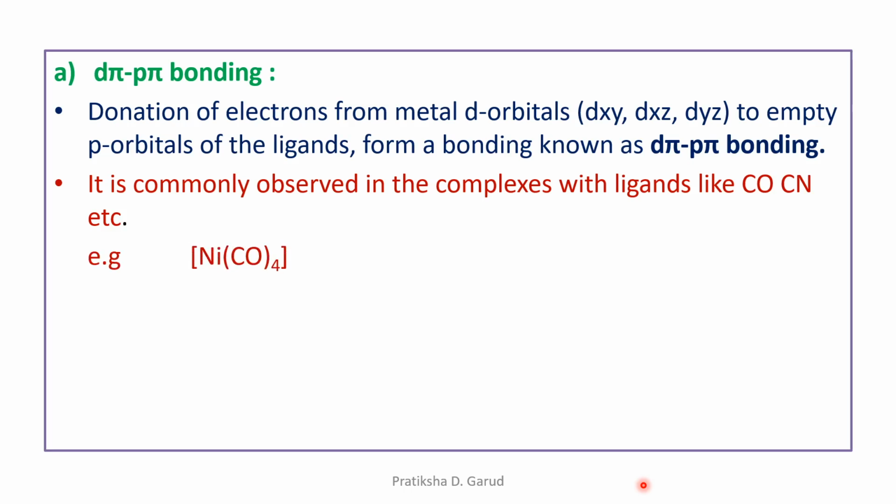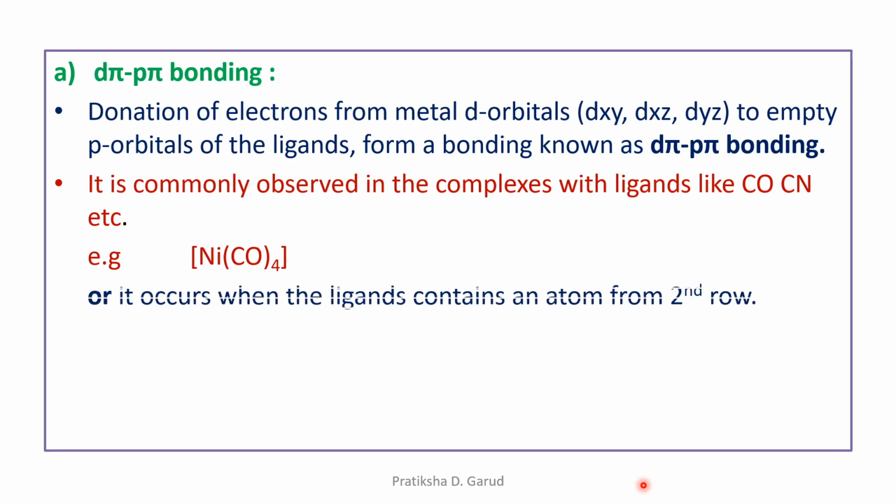Nickel is a metal which has the d atomic orbital, and in carbonyl, the carbon is using the p atomic orbital. This type of bonding occurs when the ligands contain an atom from the second row of the periodic table. So if the ligand contains an atom from the second row of the periodic table, then also they form d-pi p-pi bonding.